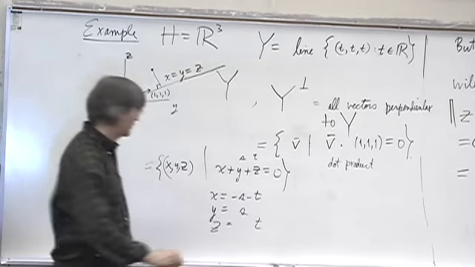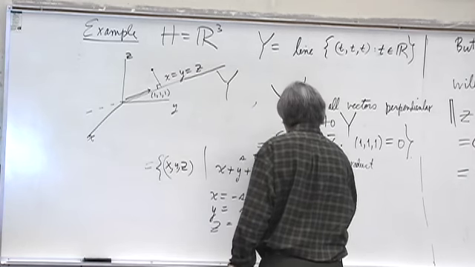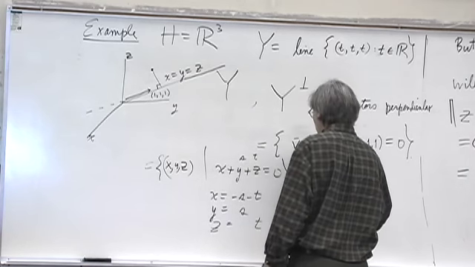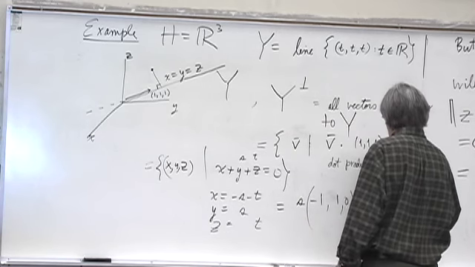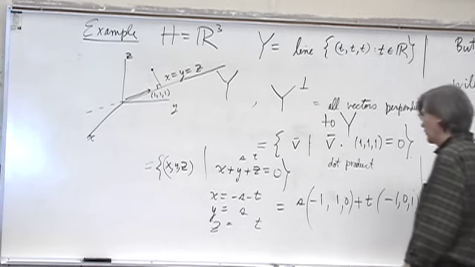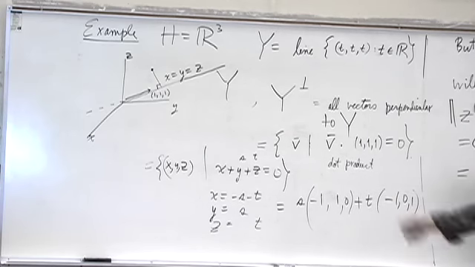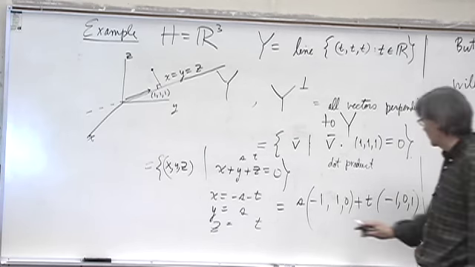And then write this out as a linear combination: S times (minus 1, 1, 0) plus T times (minus 1, 0, 1). Maybe it wasn't exactly this example, but that gives you the basis.